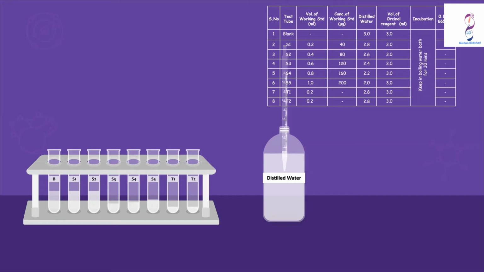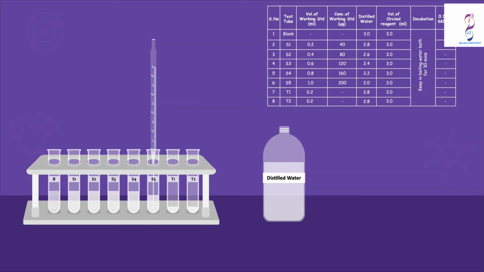For the quantitative estimation of pentose, the pentoses are heated with concentrated HCl. Furfural is formed, which condenses with orcinol in the presence of ferric ions, Fe3+, to give a bluish green color.